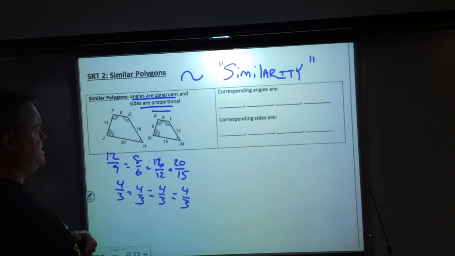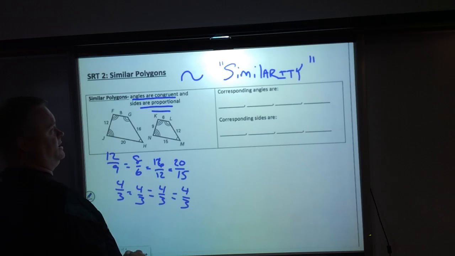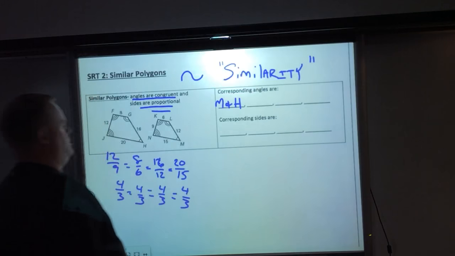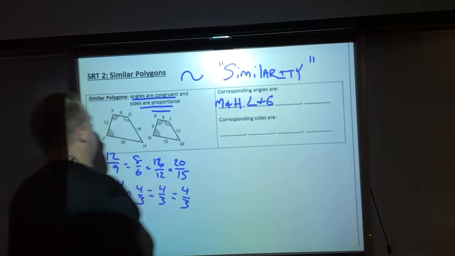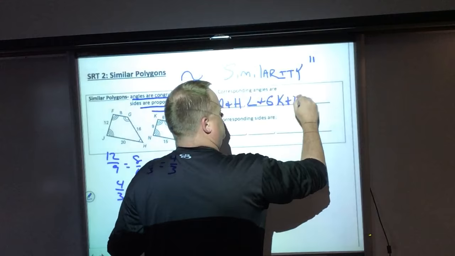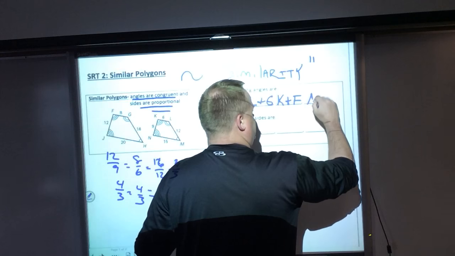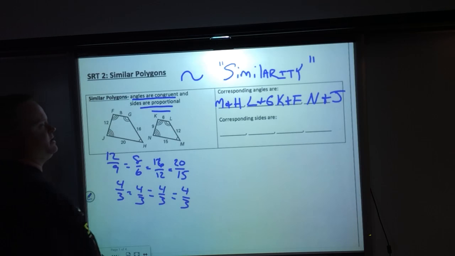I know that angle M is congruent to angle H, so corresponding angles M and H. I've got L and G, K and F, and also N and J.